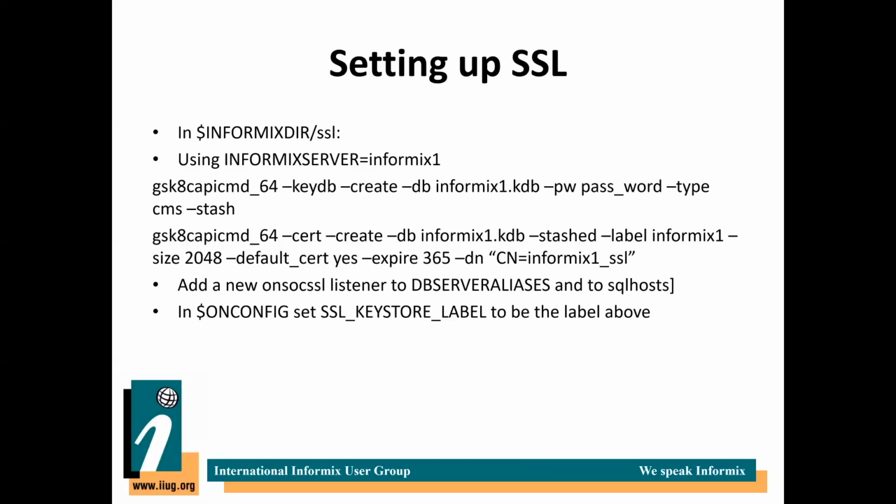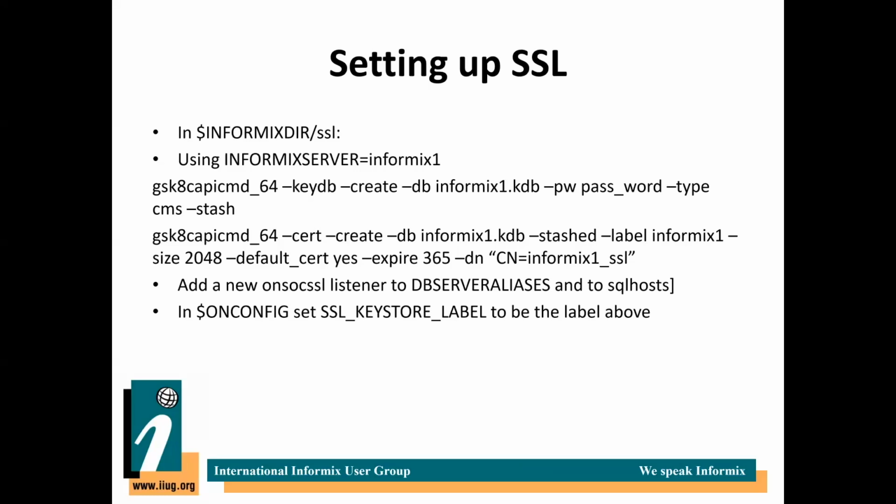Then the last thing we have is our DN, which is LDAP style naming. So this is just a unique name that's attached to the certificates. The next thing we do is we need to add a SOC SSL listener to our DB server aliases and as a new listener for SQL hosts.